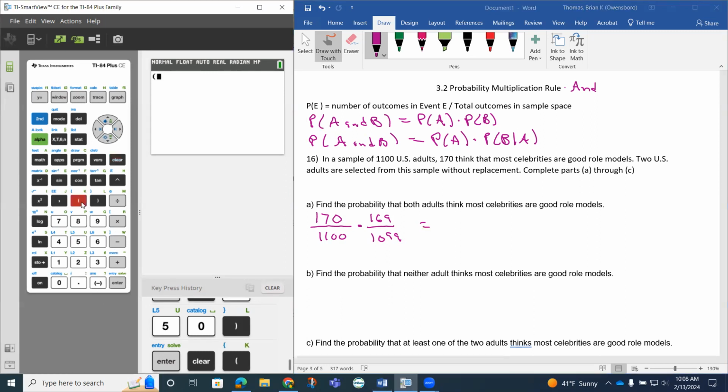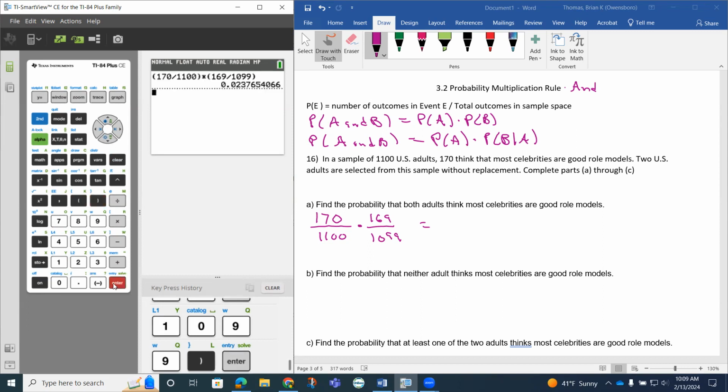Now we'll use parentheses again here. So 170 divided by 1,100, and then I'm going to multiply that by the other probability, 169 divided by 1,099.